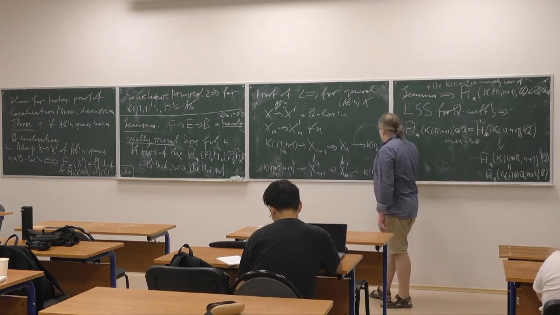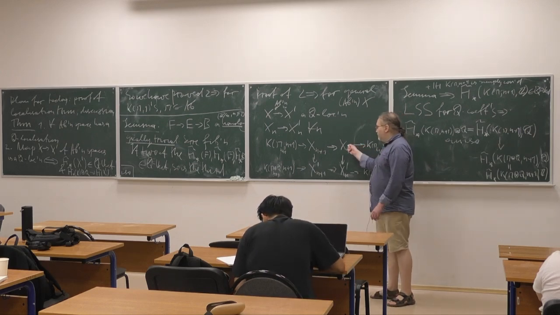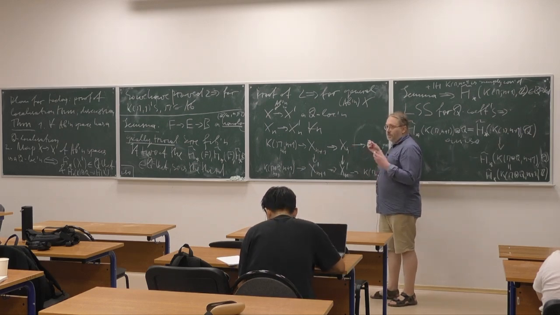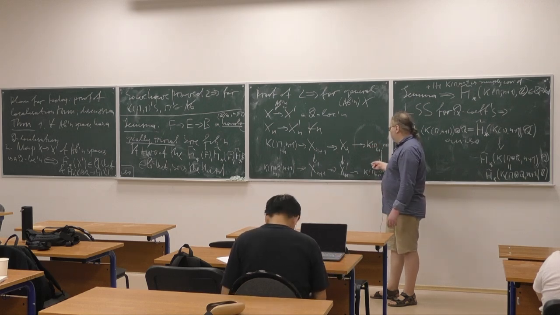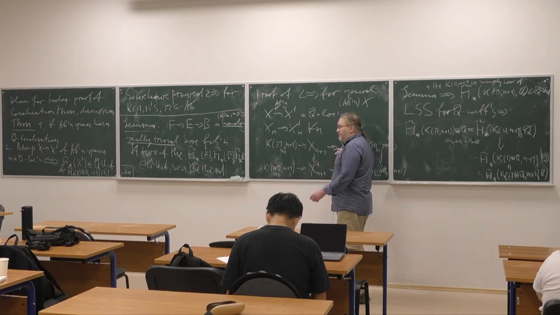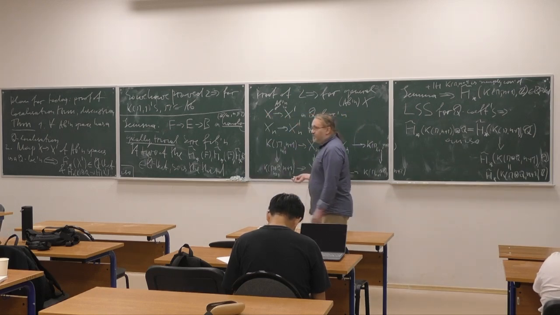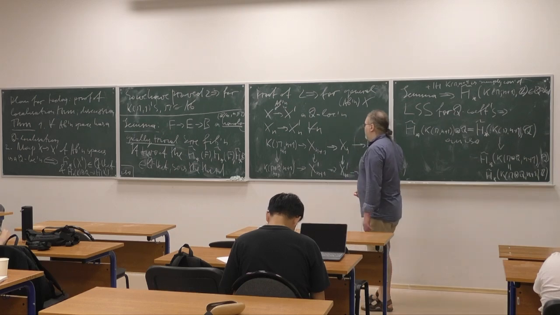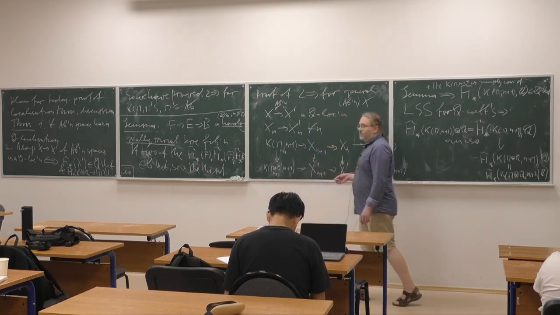Okay, so both fibrations are induced from the path loop fibrations. The map of the bases, the map of the fibrations induces the map of the fibers of the fibrations, and we get this commutative diagram.